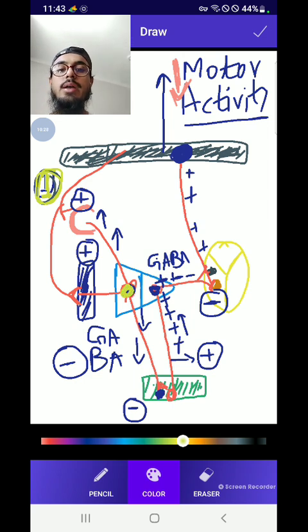Okay, the globus pallidus externus. So here GABA is released, and GABA is an inhibitory neurotransmitter. This is the second step. Inhibitory neurotransmitter is released, GABA. GABA sends the signal which inhibits the neuron.